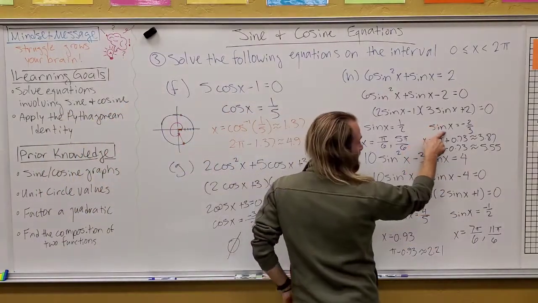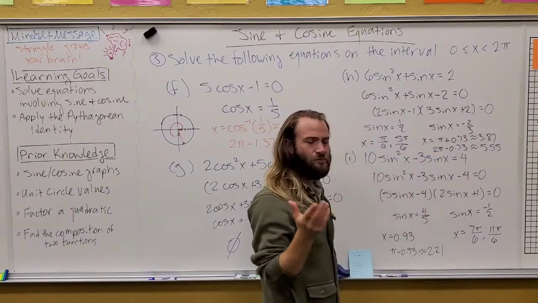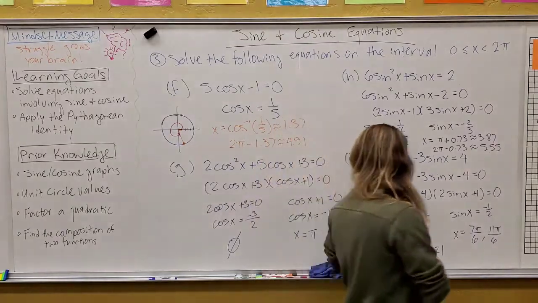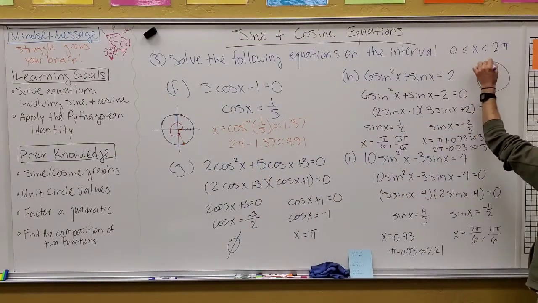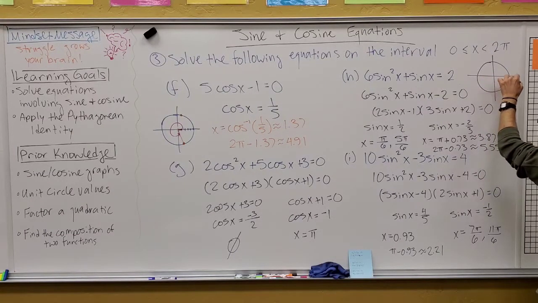So this became sine x equals -2/3. And that's weird because the calculator spit out negative about 0.73. That's because on the unit circle, when sine is negative, it's going to be somewhere around here. So this distance of that arc is about 0.73 in length.